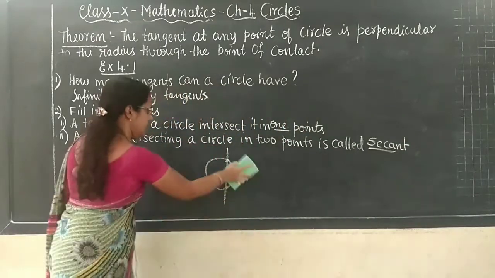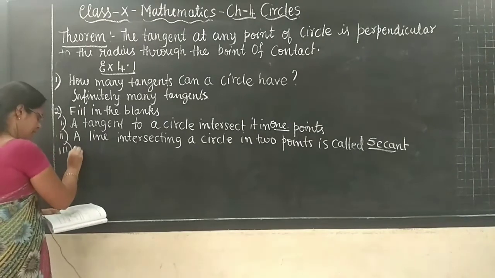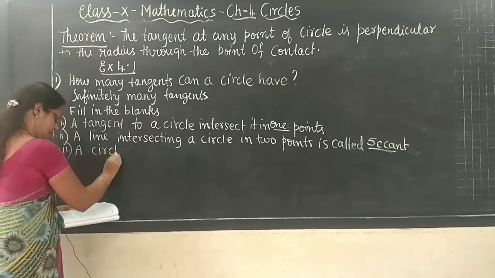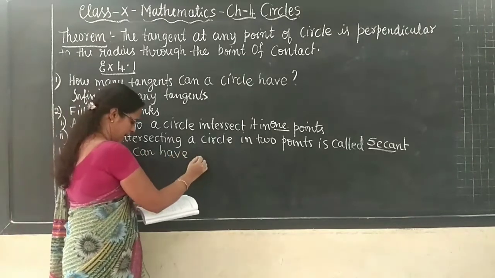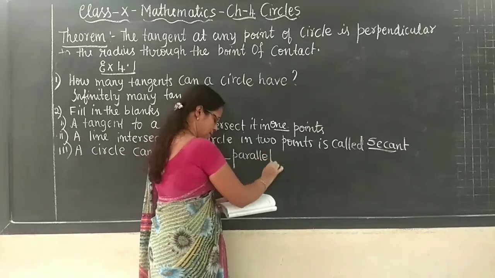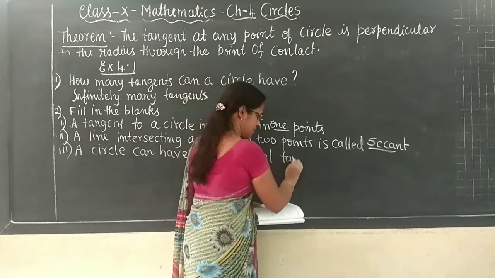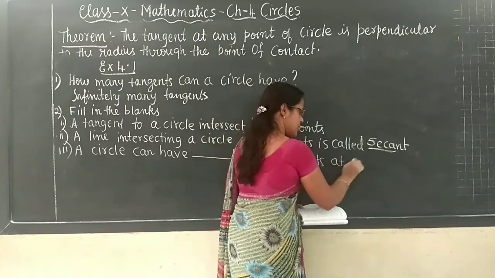Then the third question: a circle can have dash parallel tangents at the most.